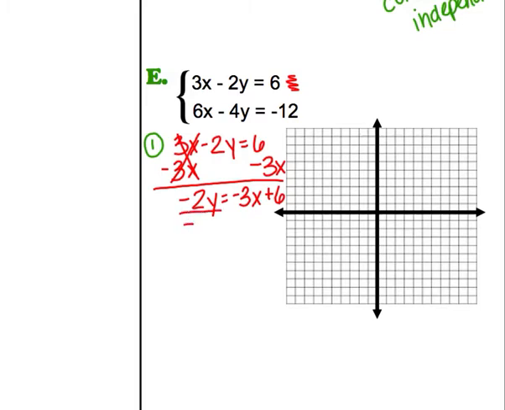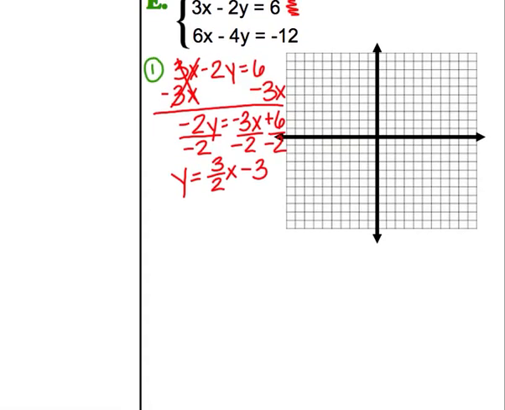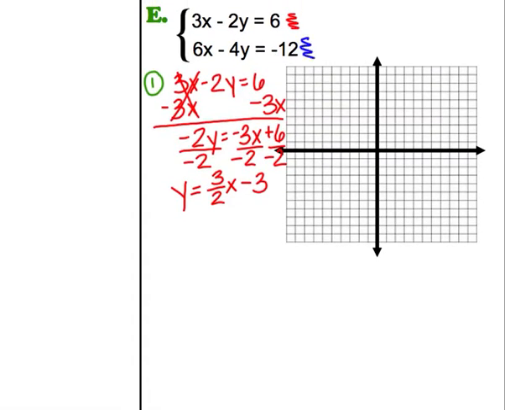And then I want to divide by negative 2. I'm going to divide each term by negative 2 to make my life easier to remember. Butterfly method is division. Giving me y equals positive 3/2 x, because a negative divided by a negative is positive, minus 3. Then I'm going to go ahead and solve my blue equation, which is this one right here, 6x minus 4y equals negative 12.